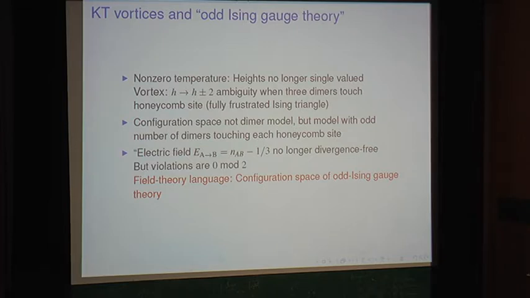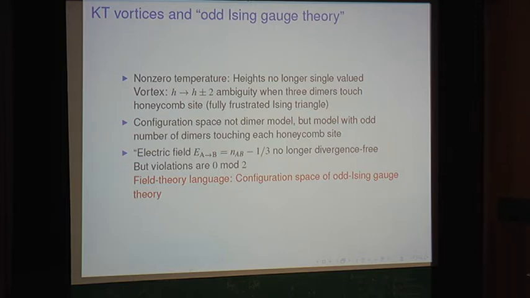What do they correspond to in this height picture? Well, they are a vortex in the following sense. If you check what happens with a fully frustrated Ising triangle, it corresponds to 3 dimers touching a point. Okay? When 3 dimers touch a point, you go up 2/3, 2/3, 2/3. That means in a cycle around that point, you change the height by 2.